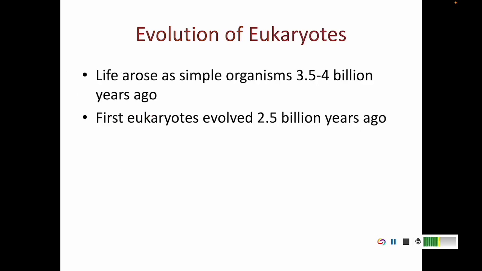Okay, craziest thing we talk about this semester is how our eukaryotes evolved the organelles that we have. So first life on Earth were simple organisms, prokaryotes, about 4 billion years ago. First eukaryotes evolved about 2.5 billion years ago. So for a long time, life was dominated by only prokaryotes.